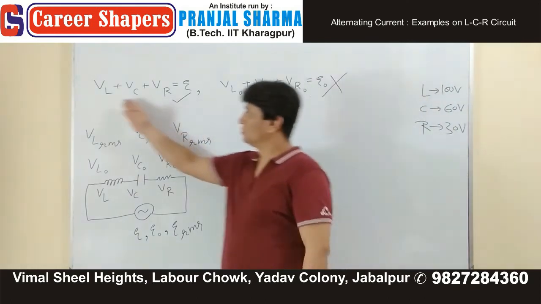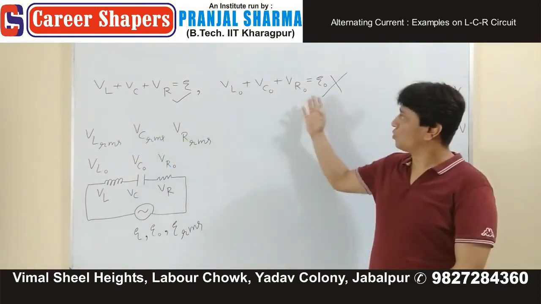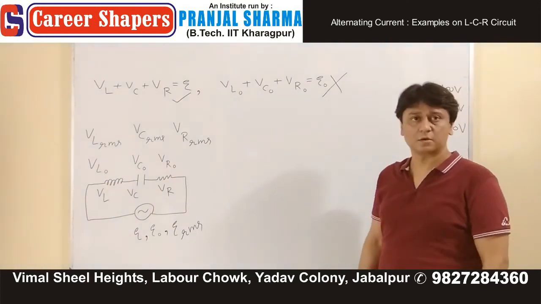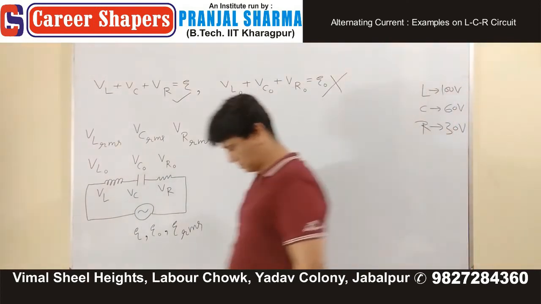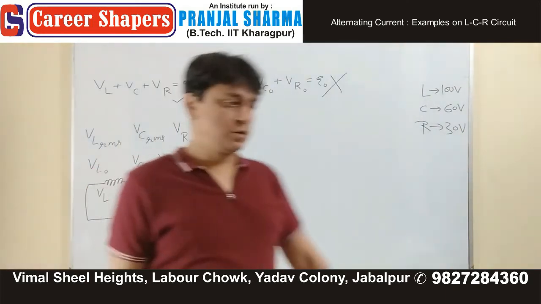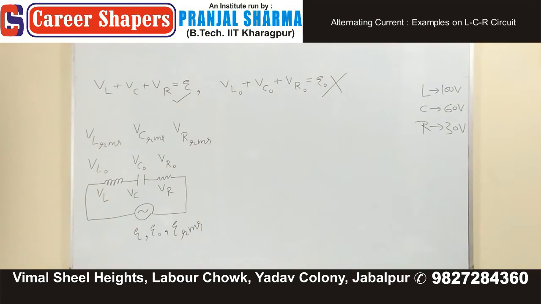If this is true, then what is wrong with VL naught, VC naught, VR naught? You can answer this with a single word.